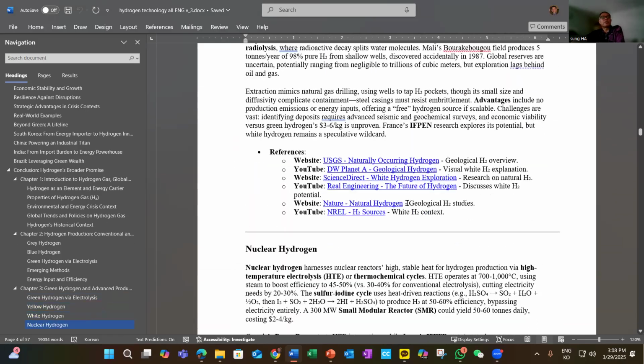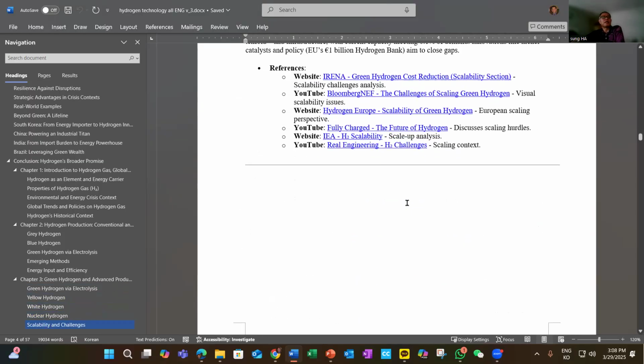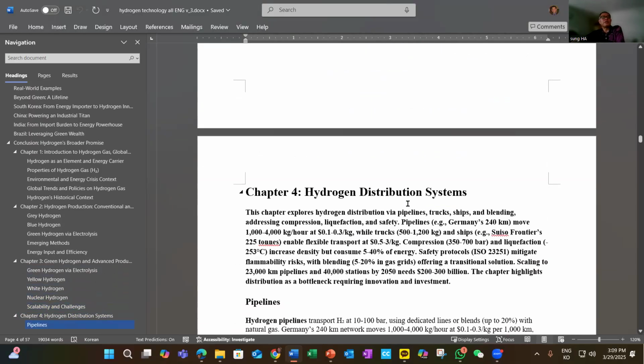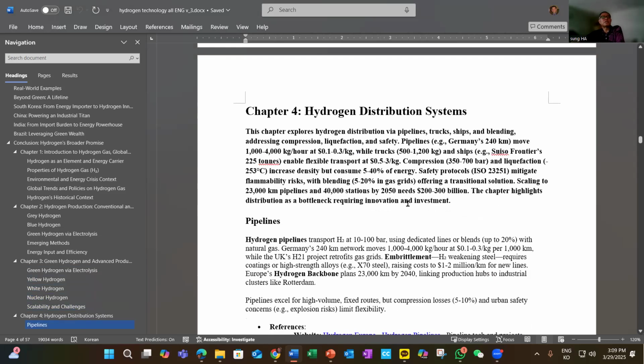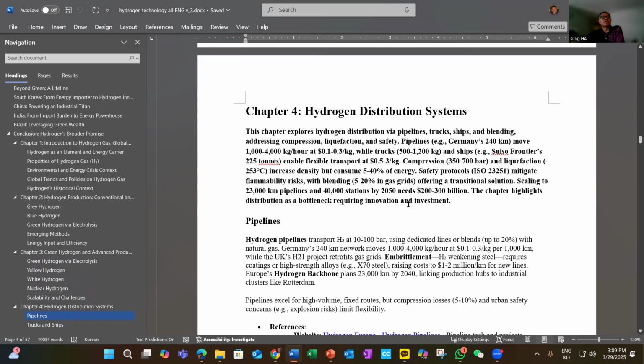That's the whole purpose of this class, hydrogen technology. Of course, this is a very new subject for graduate students like yourselves. But again, I believe this is one of the core knowledge areas you need to study.